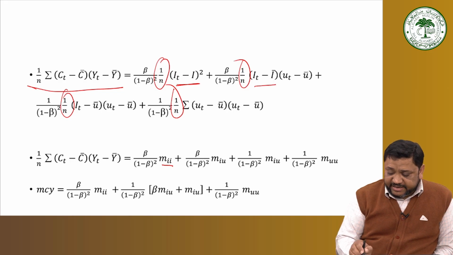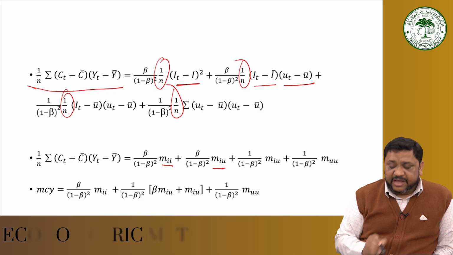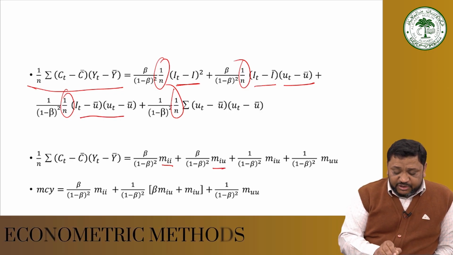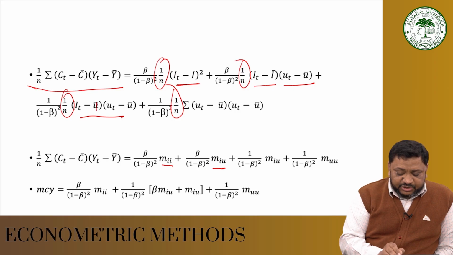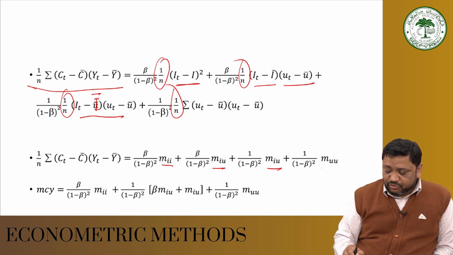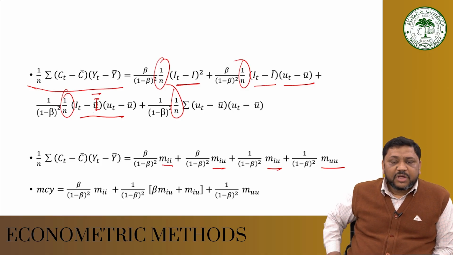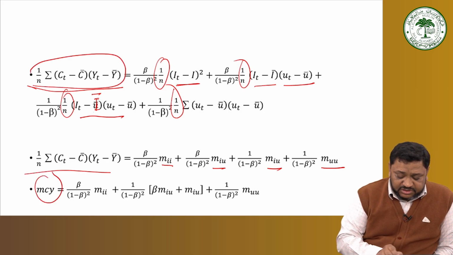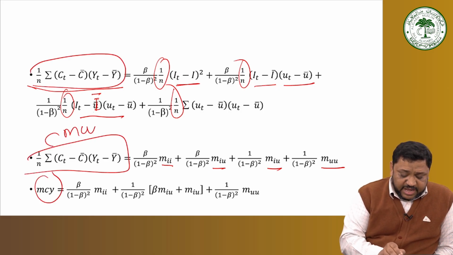Here it is it minus I bar, ut minus u bar, so we write it as miu. This one is I and u. There is a correction over here, this is it minus I bar. So m1u, and this one is u and u, so muu. So this term is nothing but your mcy.